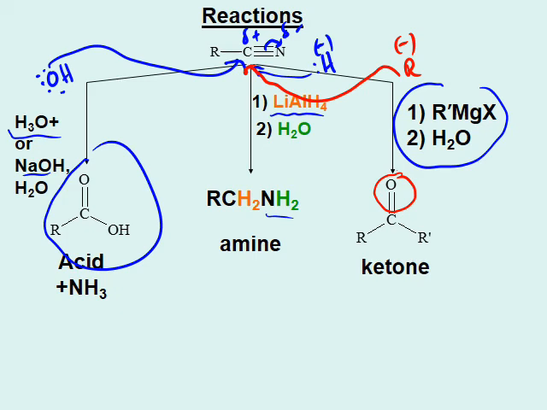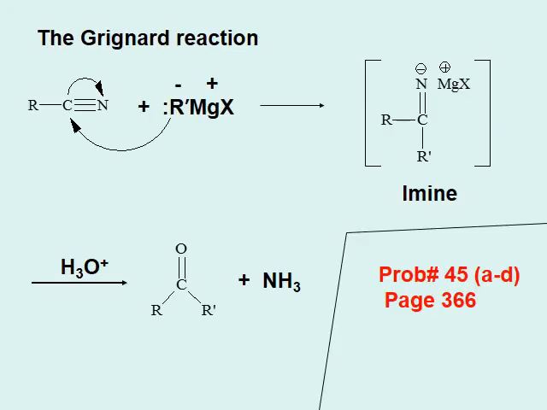Every step of the mechanism is not well known, but even if you can predict the first step, you'd have an idea what product you'd end up with. Here we're seeing the reaction given by Grignard reagent in more detail. First you get formation of C double bond N, which eventually would get this compound, ketone, and ammonia is released.